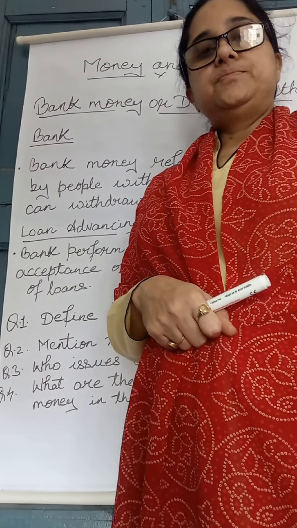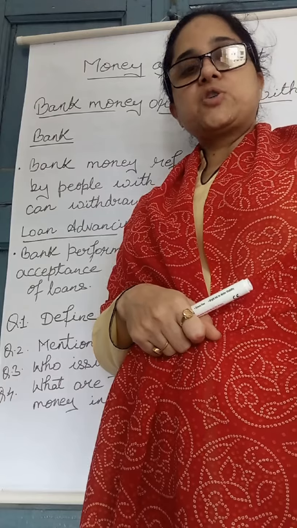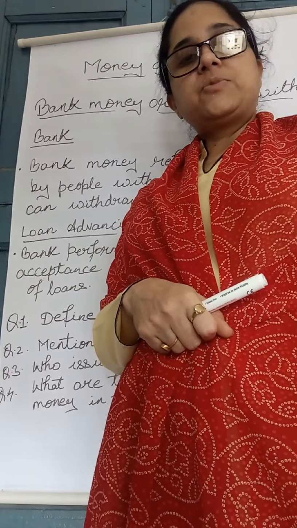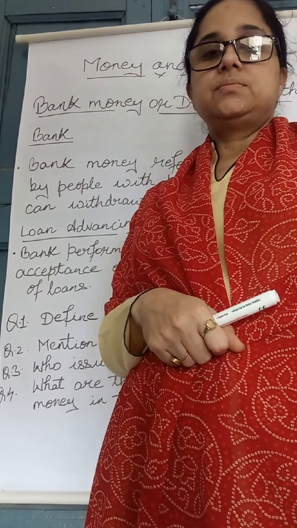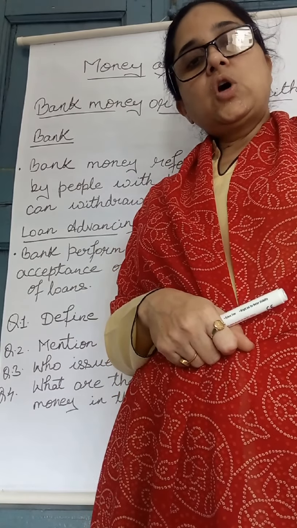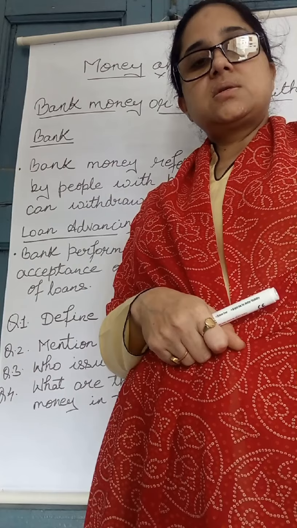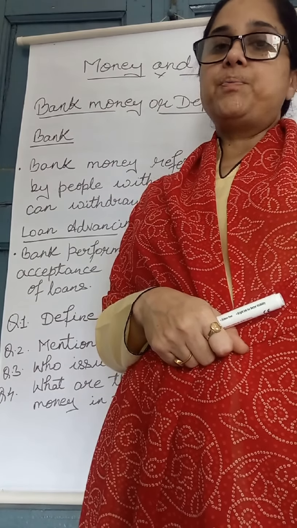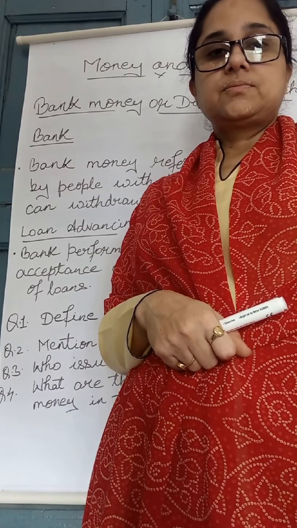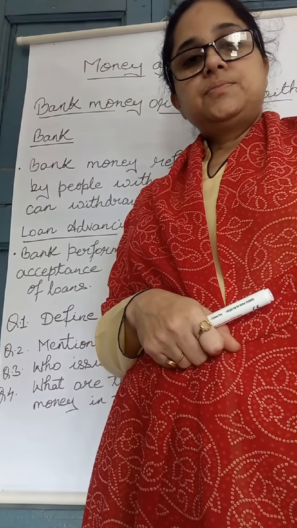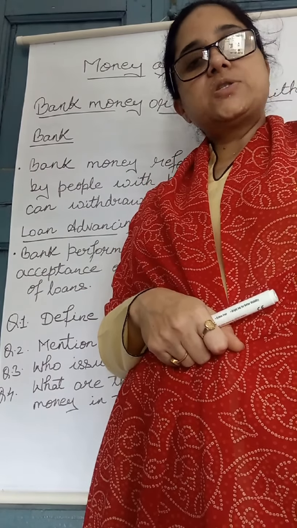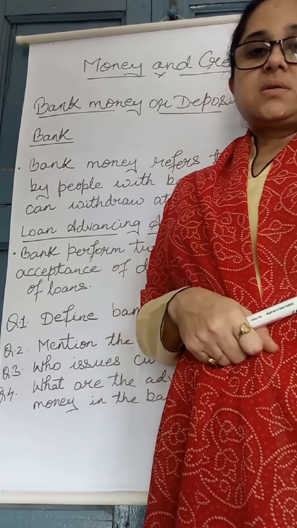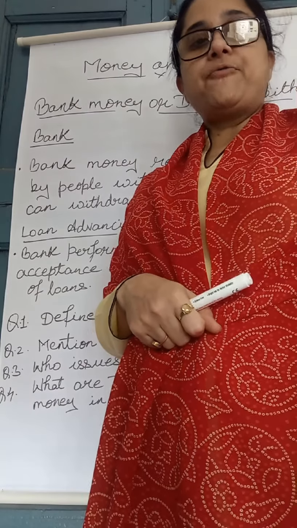Banks pay interest to the depositors and charge interest from the borrowers. Normally, banks charge a higher interest rate from the borrowers of loans than they pay to the depositors. This difference is the main source of income of the banks.